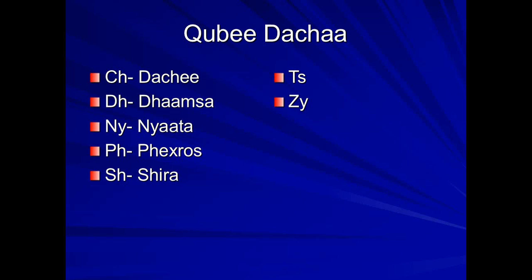The fifth one is sha. This is nearly similar to the combined letter in English, like share. That is sha. The next one on the right top is tse. That's another difficult sound, even for most Oromo speakers.